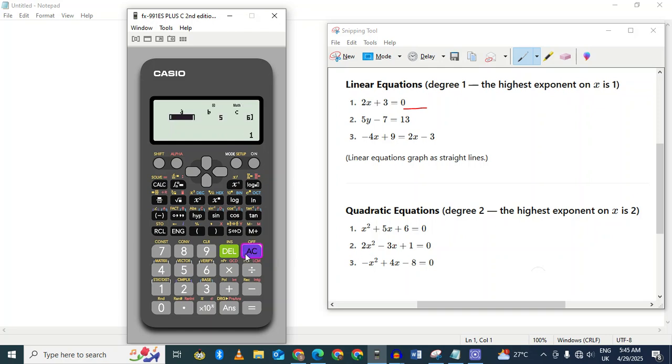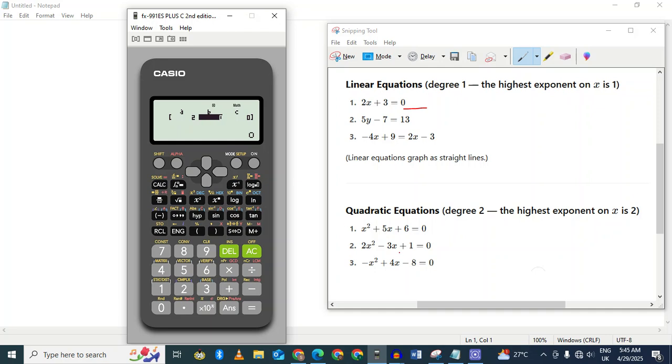We go back to our function. Okay, let me just clean it out. I said the first thing to do is go to mode, then equation, and then 3. Now for this particular one, the coefficient of x squared is a, in this case 2, so press 2, and then press enter.